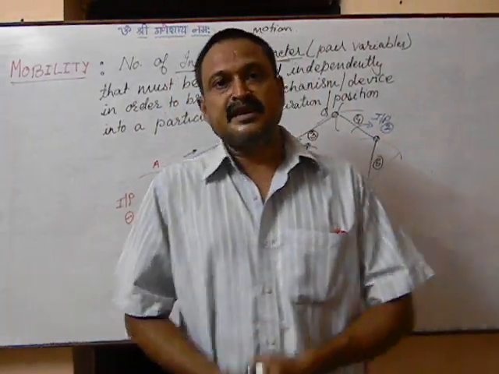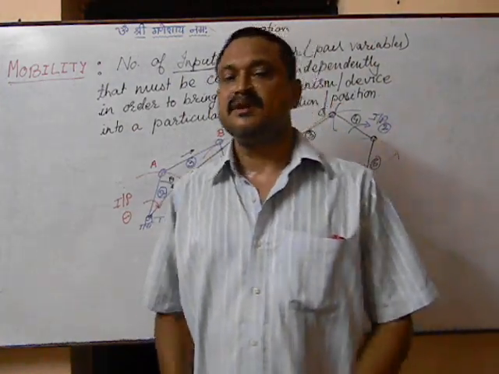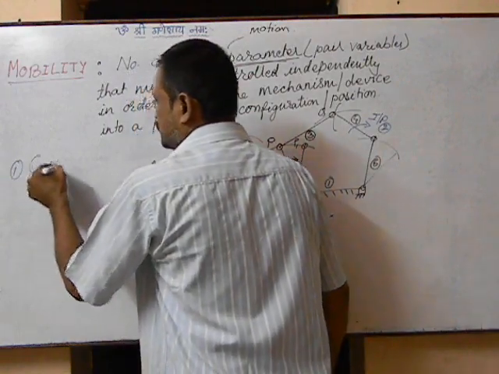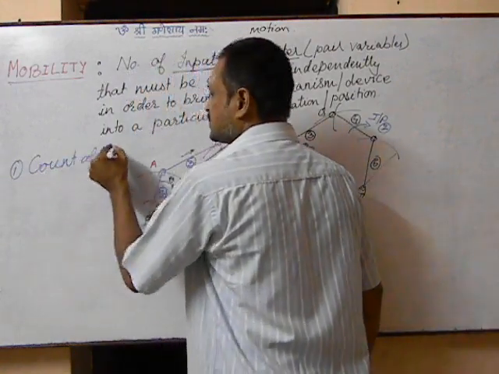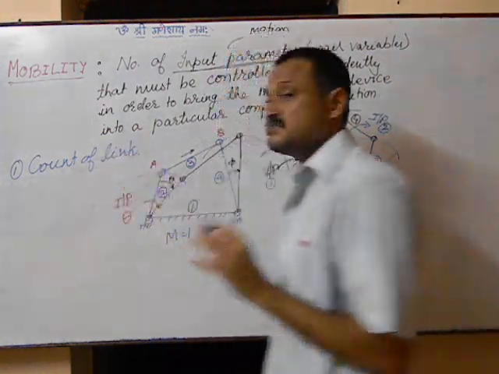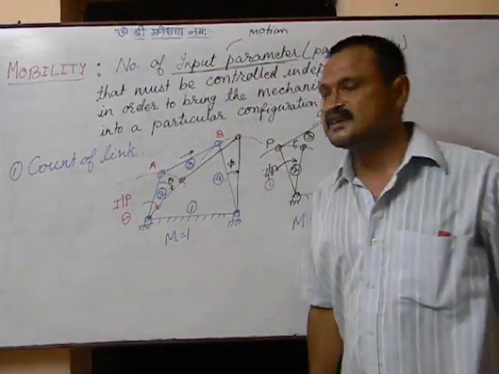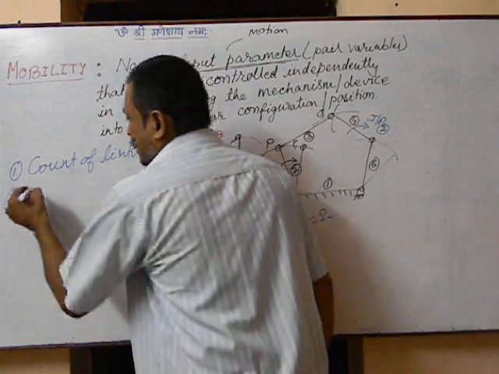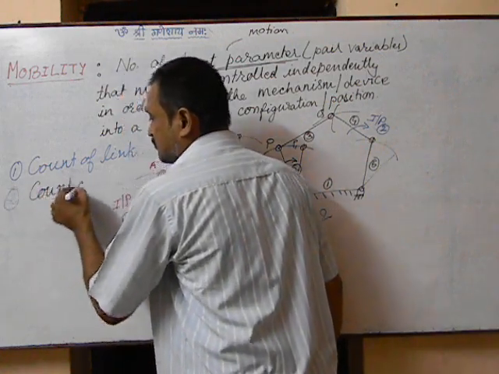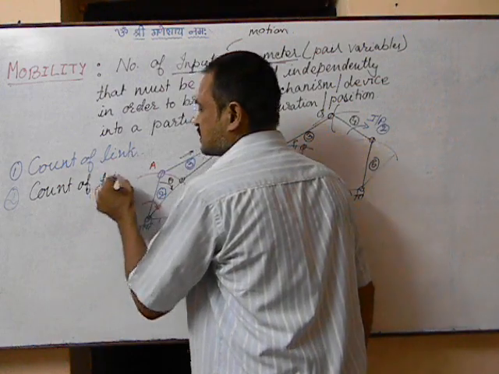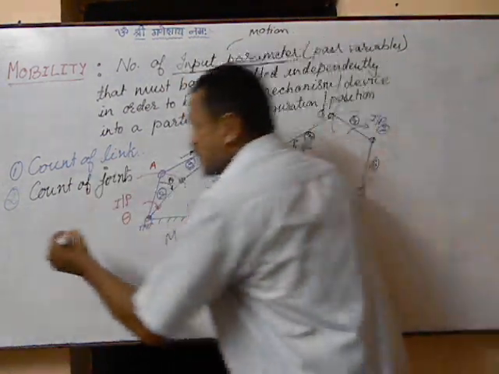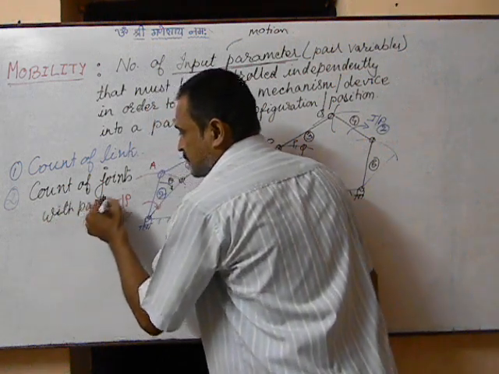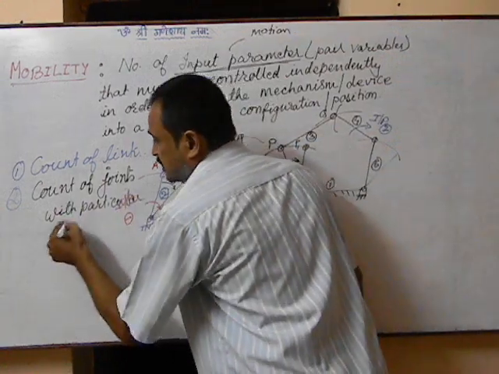And we can very well determine the mobility of the mechanism with the help of two things. One is the count of links involved in the mechanism, that means the number of links. And second is the count of the number of joints in the mechanism with particular degree of freedom.